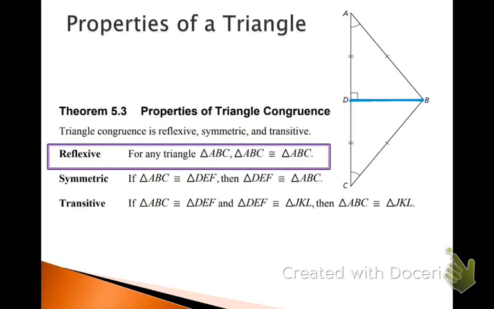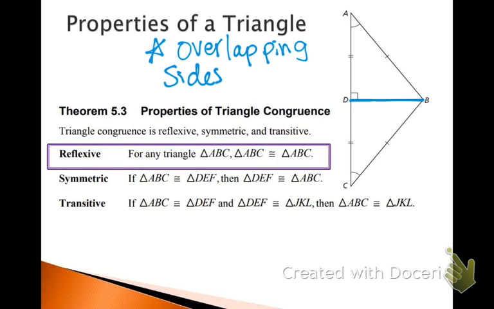So what you're going to write as a note, when you have an overlapping side: overlapping sides are congruent to themselves. I don't know if that's grammatically correct, but it is what it is.